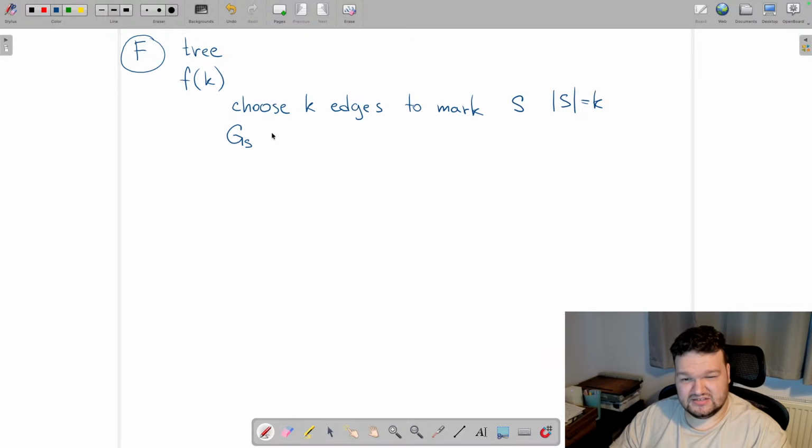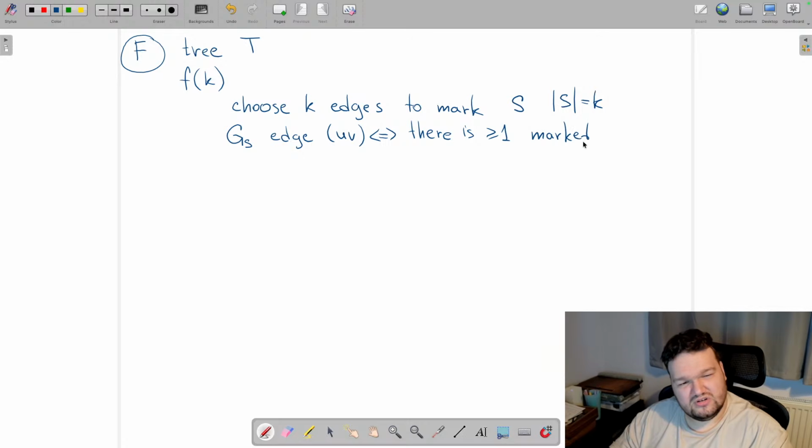And there is an edge uv if and only if, let's say this tree was called T, there is at least one marked edge on the simple path between u and v in the given tree.